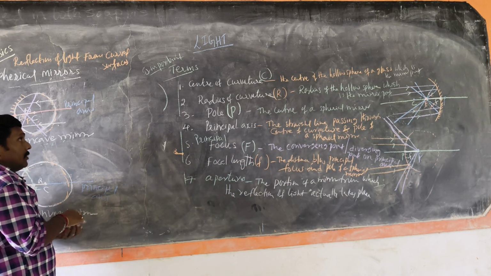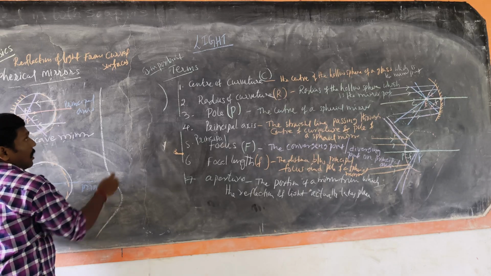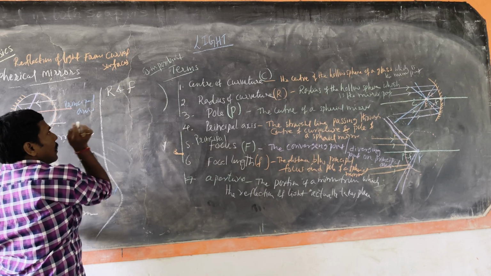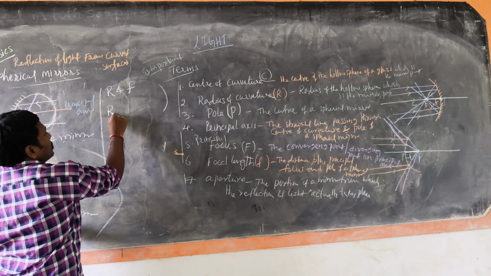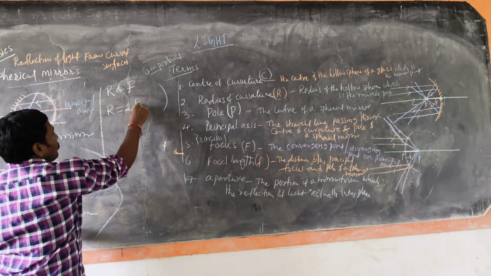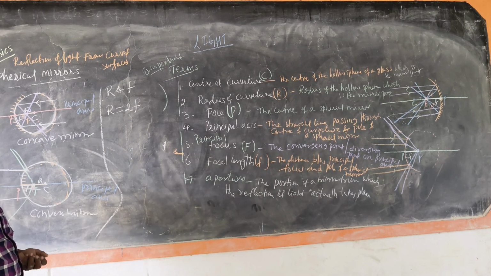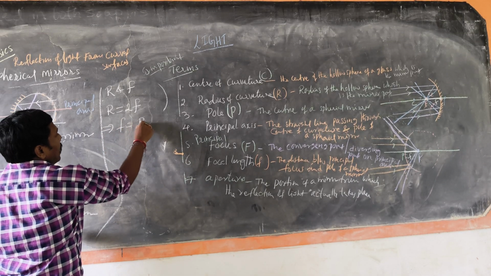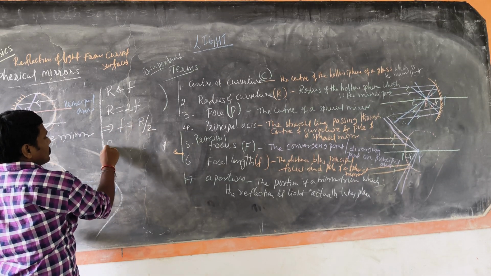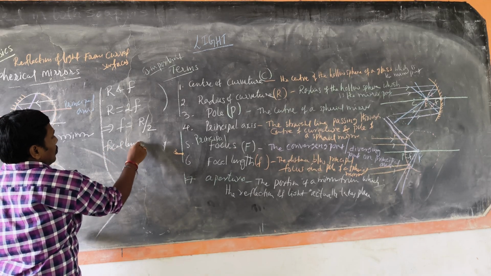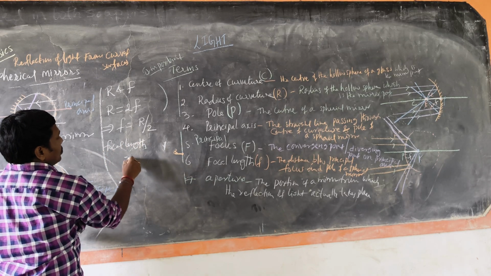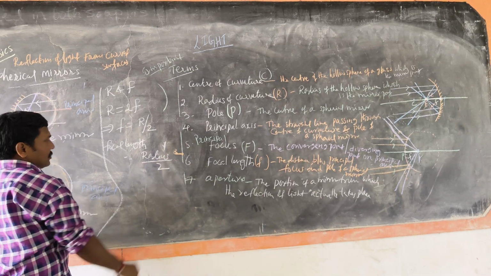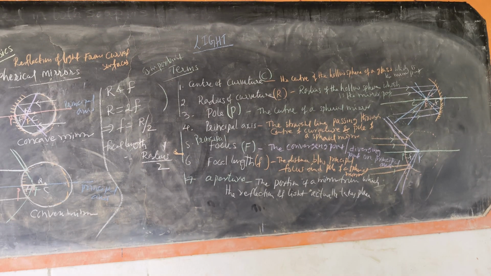Now the relation between radius of curvature and focal length is R = 2f, or we can write f = R/2. That means focal length is half of the radius of curvature.